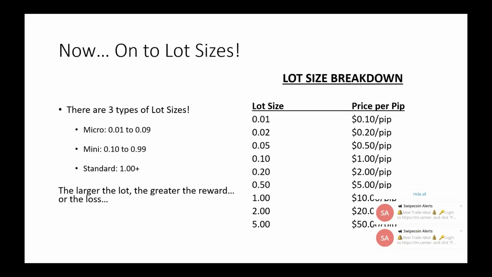So you might want to screenshot this so that you'll know, put it right beside you when you're trading with KD, myself, or anybody else, so that you understand your lot size. So a 0.50 is $5 a pip. One standard is $10, 2 standards is $20, and 5 is $50. Okay, so we're gonna practice it now. So everybody got that? Make sure you take a screenshot of that.